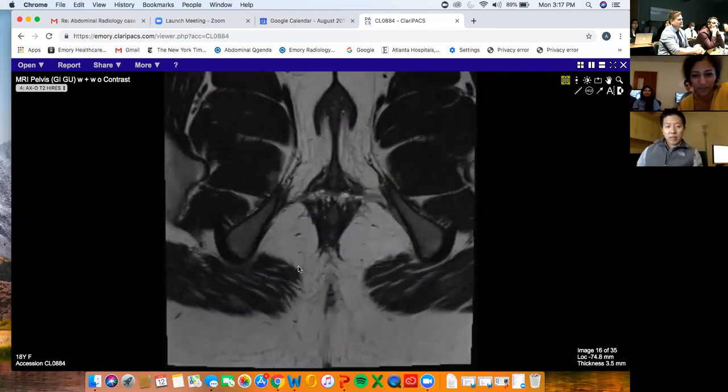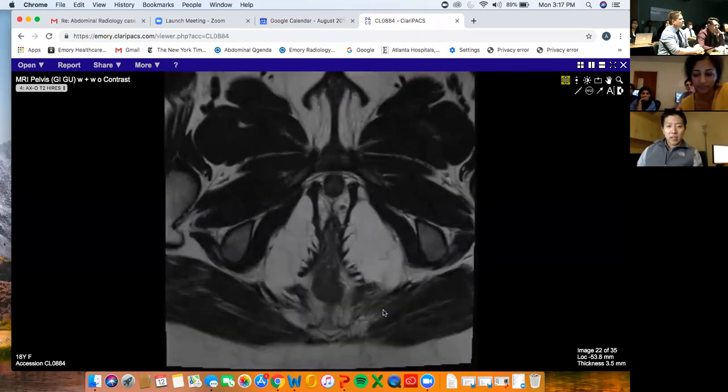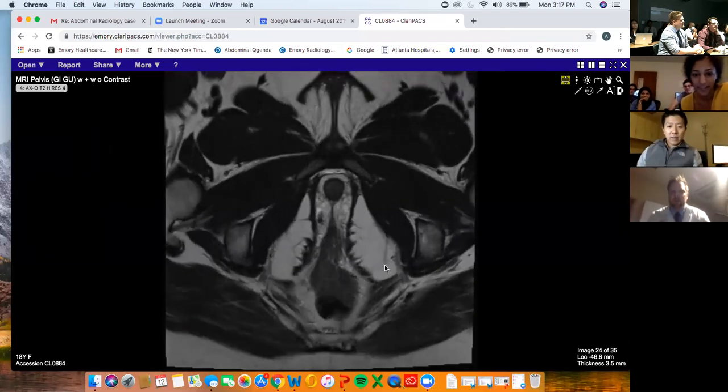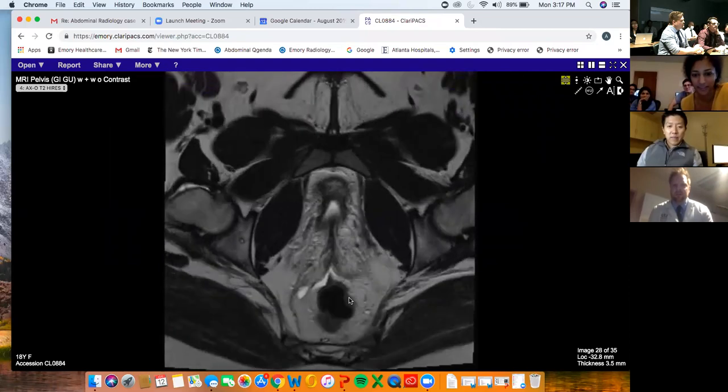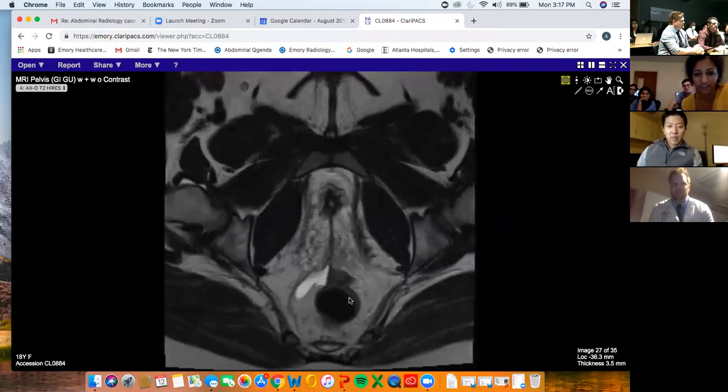Okay, I'm scrolling through. So what is this structure anteriorly? Urethra there? Yeah, so that's the female urethra, and that's kind of the normal zonal targetoid anatomy. And then back here is the rectum. And there's something that this patient does not have.